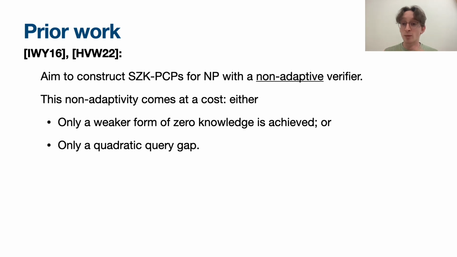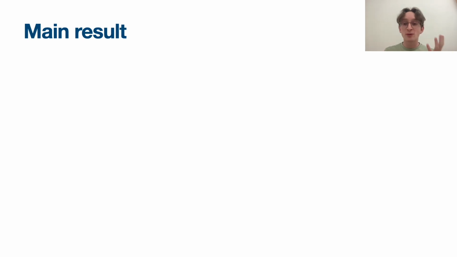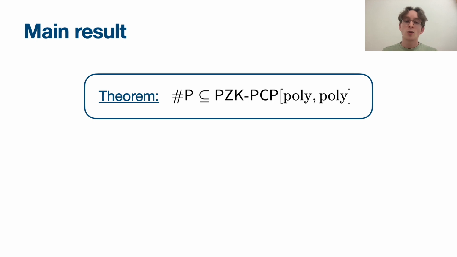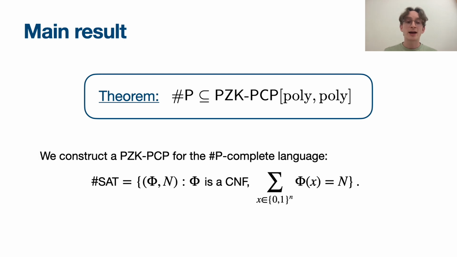With that out of the way, I can talk about our result. Our main result is the following. We prove that there are perfect zero-knowledge PCPs for #P, and these PCPs have poly-poly parameters: polynomial randomness complexity of the verifier and polynomial query complexity for the verifier. So this is an exponentially large proof that the verifier makes polynomially many queries to. How do we do this?